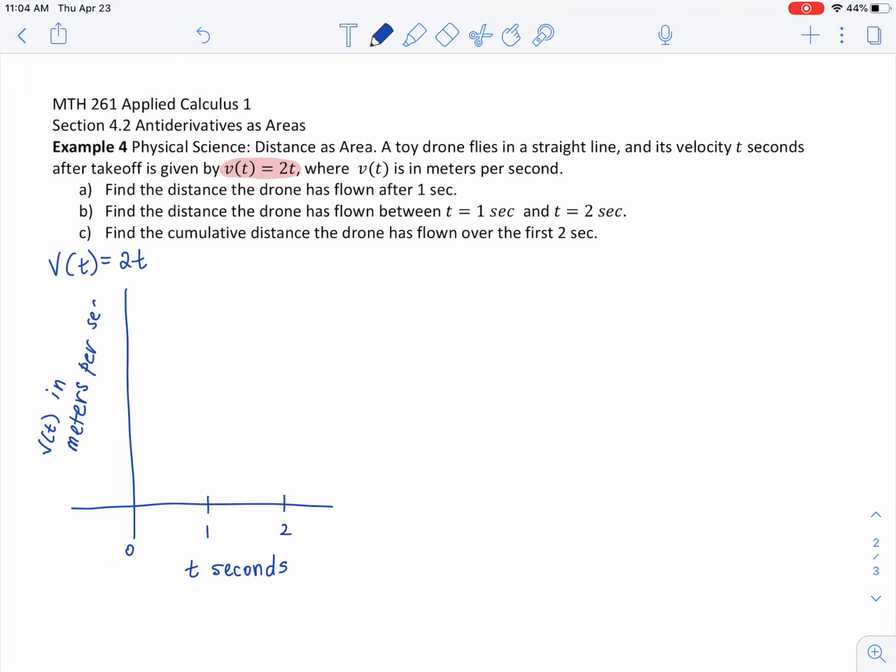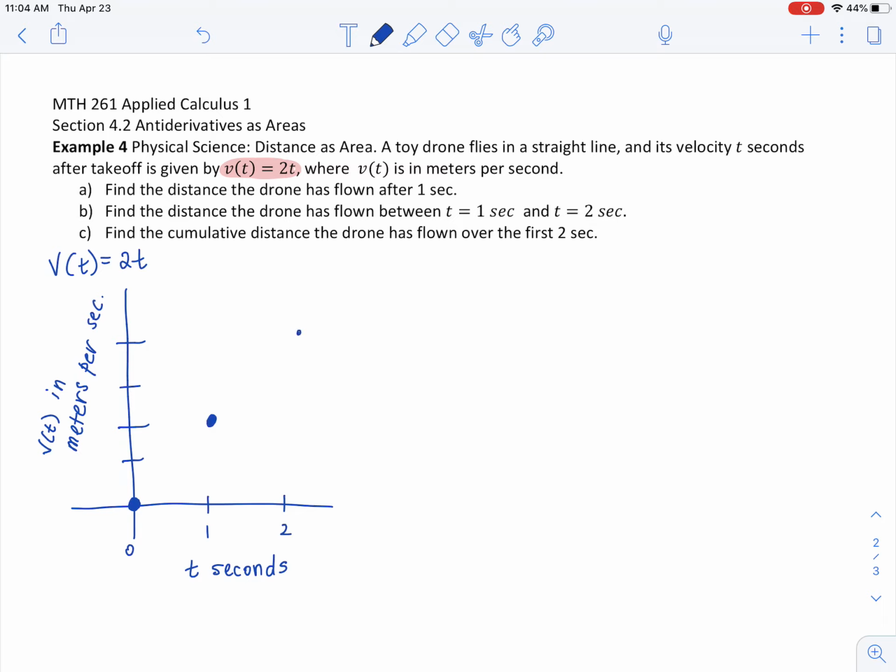And on the left side, I'm going to put velocities, so these are v of t. And these are measured in meters per second.